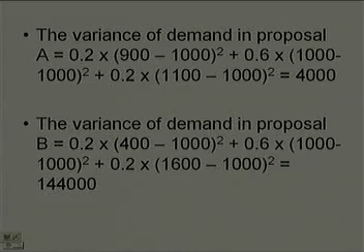So this is going to be 0, plus 0.2 into 1100 minus 1000 whole square of it. So we are getting the variance for proposal A as 4000.